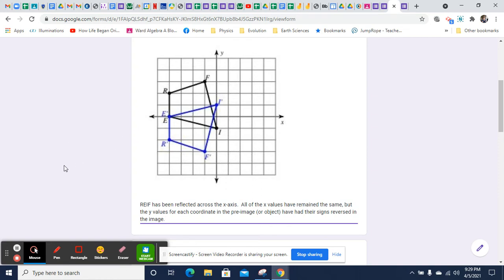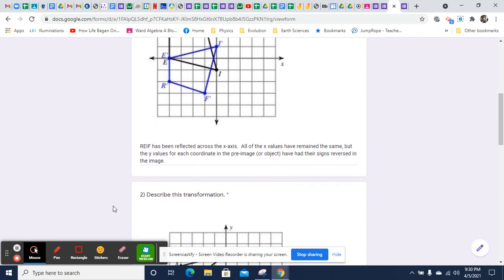Okay, and that would be a pretty thorough explanation, but if you simply said it was reflected across the x-axis, you're good.